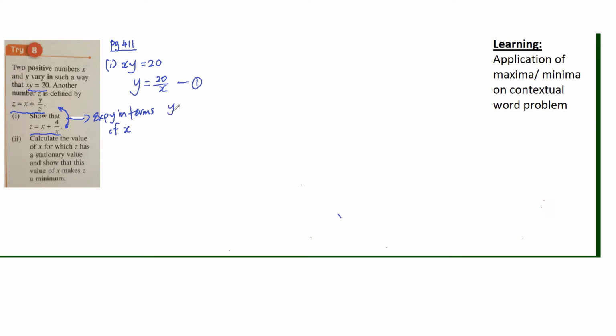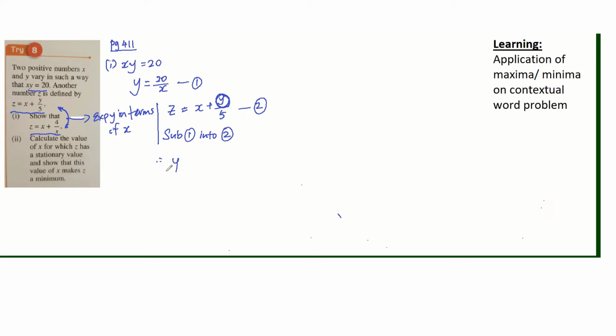And I'm given that z equals (x plus y) over 5. Now I'm going to call this equation number 2 here. So what I've just done is this. I know I have expressed y in terms of x, so I will sub equation 1 into 2.